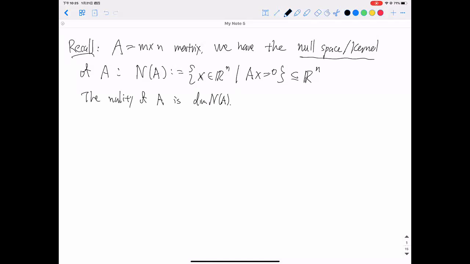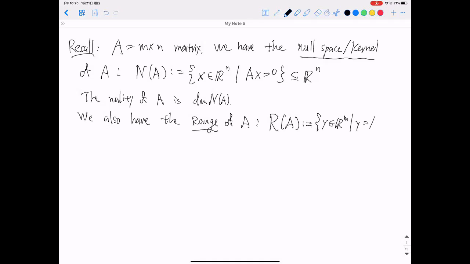Okay. We also have the range of A, denoted by R(A). And this is, by definition, the vectors in R^m of the form y equals Ax for some x.